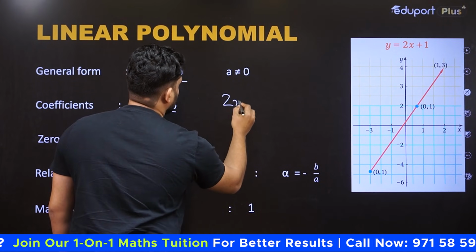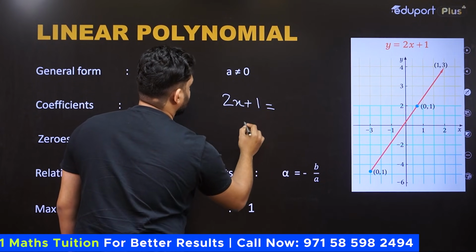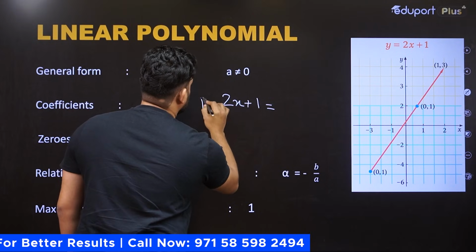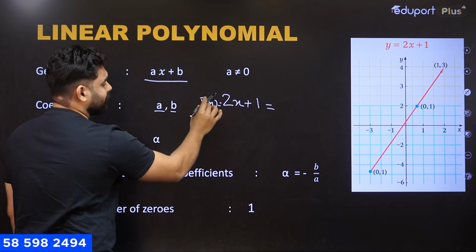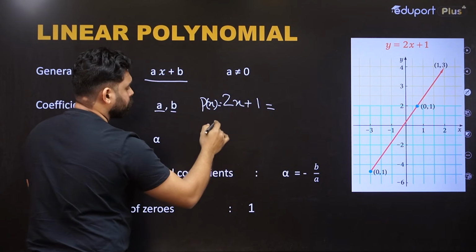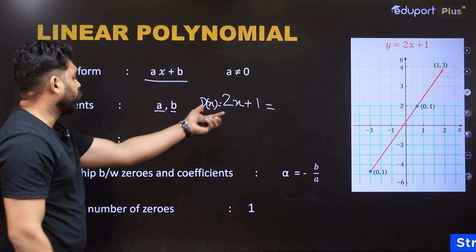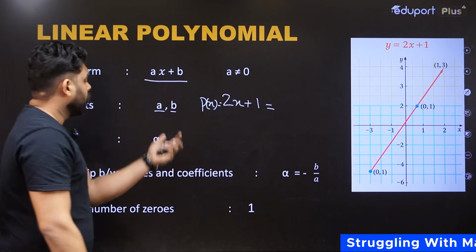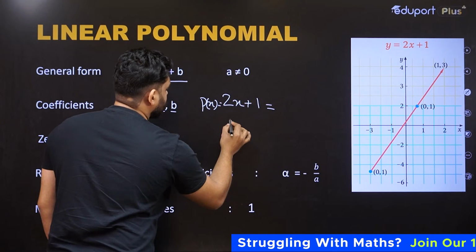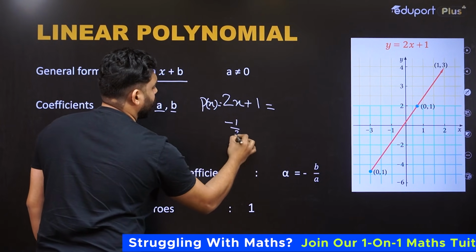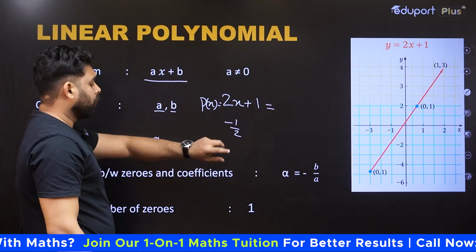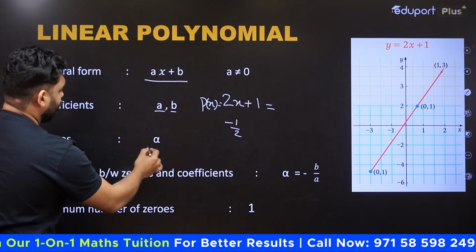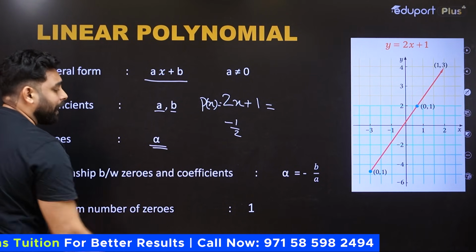In the case of 2x plus 1, if we substitute a value for x and the whole expression becomes 0, that is known as the zero of this polynomial. Here alpha is known as the zero of the polynomial. In this case, what is alpha? It is minus 1 by 2. If we substitute minus 1 by 2, this whole expression becomes 0.